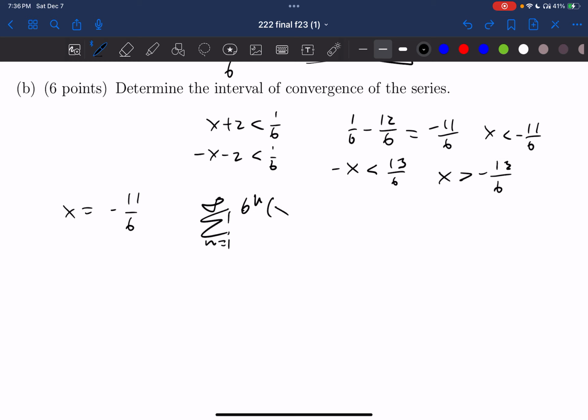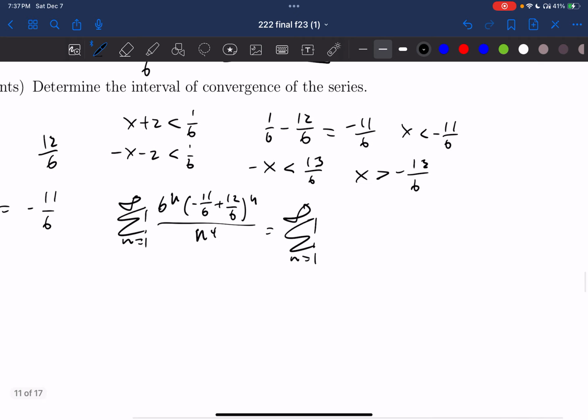When x is equal to this, 2 is equal to 12 over 6. So when we add these two together, negative 11 over 6 plus 12 over 6 to the n power divided by n to the fourth power, we're going to get the summation. This right here is going to be 1 over 6 to the n power, and they will cancel to give you 1 over n to the fourth power.